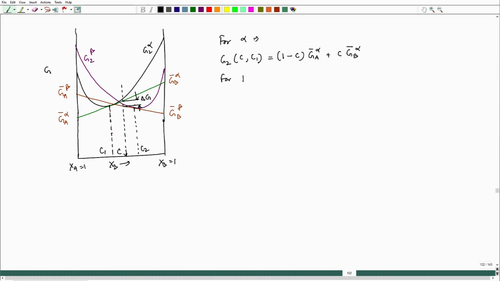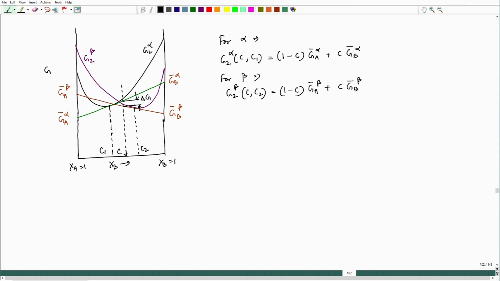Similarly, for beta, G2 beta at C, starting from C2, I can write 1 minus C G A bar beta plus C G B bar beta.